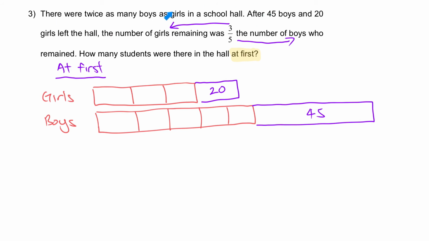Okay. And what happens before this? There were twice as many boys as girls in the school hall. Technically, there are twice as many boys as girls. Alright, this should be exactly half of this. Maybe let me shorten the 20 so that it looks slightly more accurate.